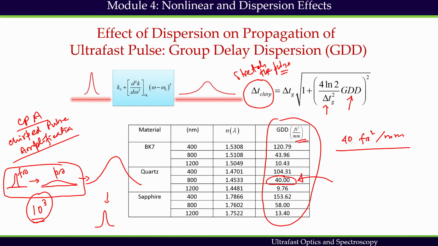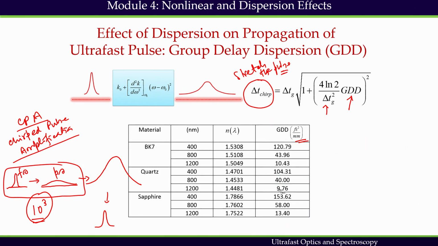So we'll do a simple calculation. The ratio of delta T chirped divided by delta T G has to be 10 to the power 3. That's the expectation we have. Now, in order to have this 10 to the power 3 ratio, what kind of GDD do I need? That's the question.